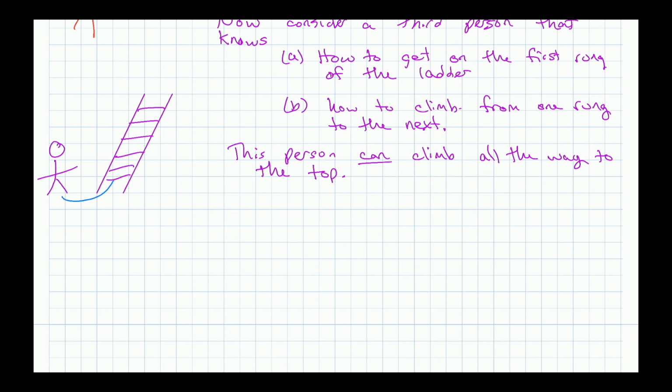He knows how to go from here to here. That's step A. And then step B says he knows how to go from one rung to the next. And that's all you need, because if you're on one rung, then from here to here, that's one step of B. And then from here to here, that's another step of B. And then another B, then another B, and then another B, right? As long as you know how to go from one step to the next, you just keep climbing the ladder.